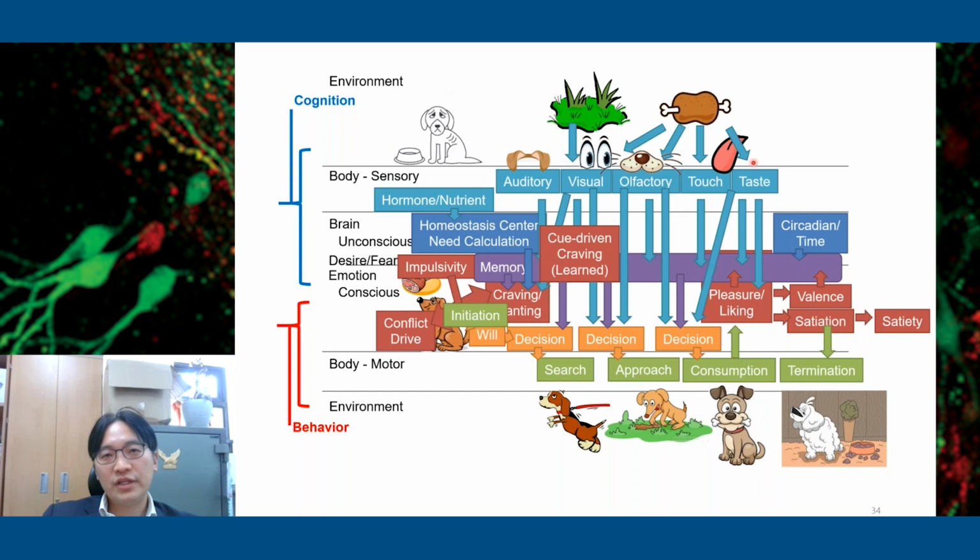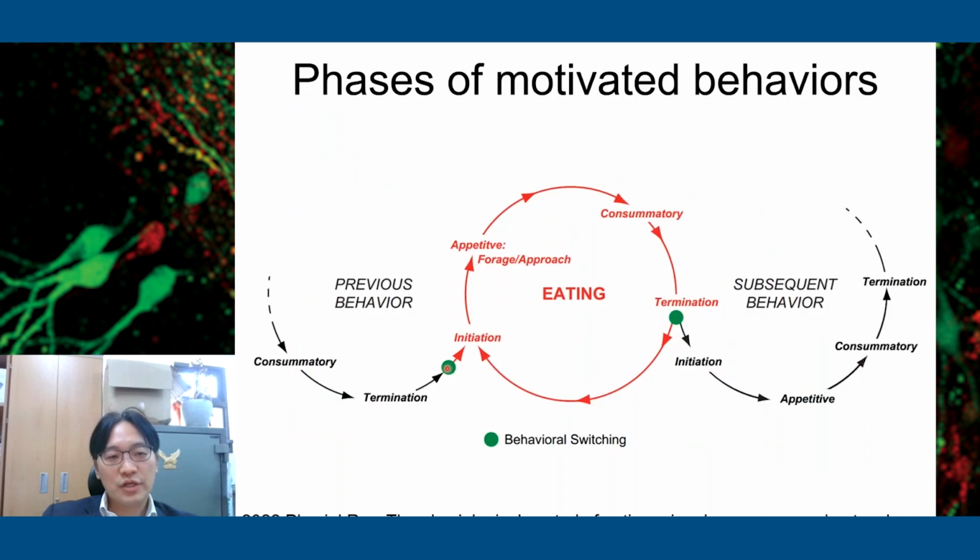By understanding the structure of the cognitive, emotional, and behavior components, I think you will have a better design of your experiment. So you do something before and you start to forage for something, and if it's not good, you forage again, hunt again. But if it's good, then you start to ingest and feel, and when you stop eating, you go to your next behavior, meeting your girlfriend or something.